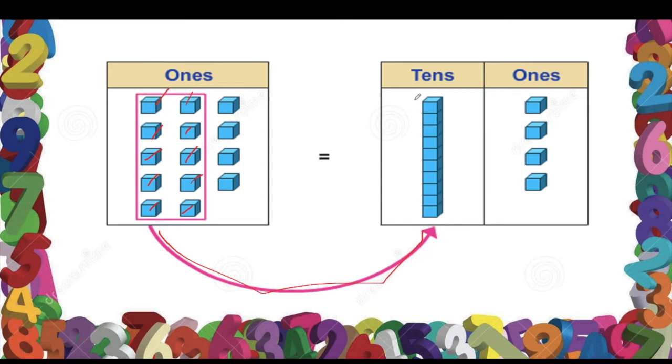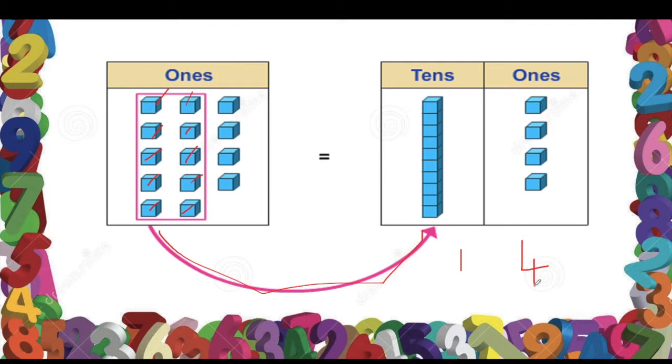As 1 ten. As we discussed earlier, 1 ten is made of 10 one blocks. Here in the tens place, all 10 one blocks have been regrouped and moved together as 1 ten block. So you have 1 ten and 4 ones, which makes it 14.